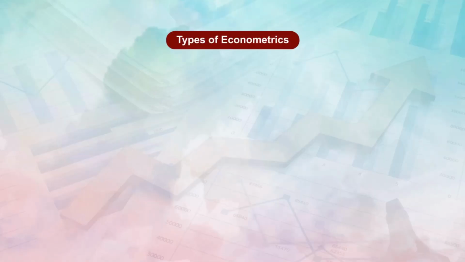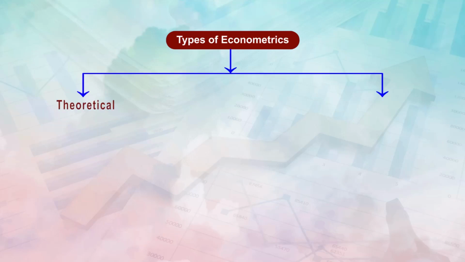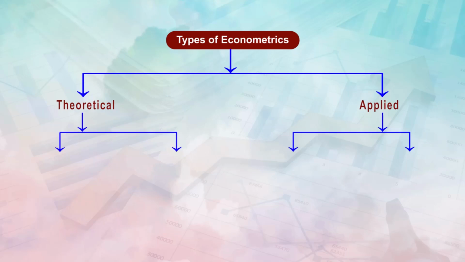When we refer to the types of econometrics, first we refer to the theoretical type, then the applied type. Other types are referred to as classical and Bayesian, and econometrics is basically an application of theory in practice. That is where the applied comes in. Theoretical econometrics is based on the classical definition of the concept, so it is fundamental in nature.